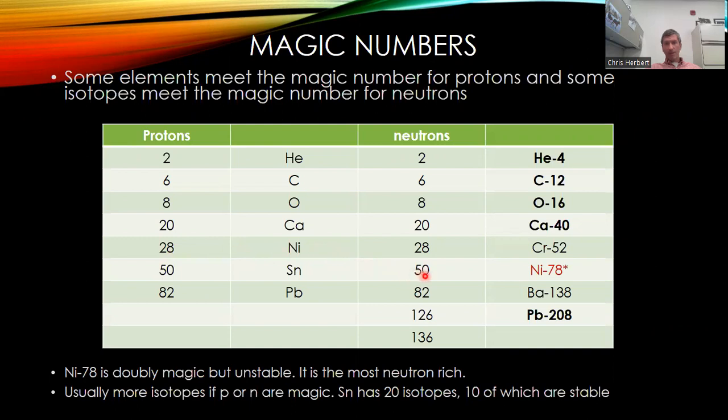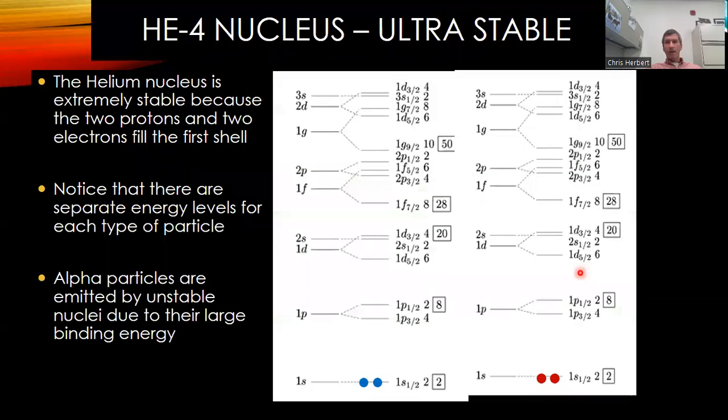Is that 50? Yeah, am I getting my number right? Yeah, the number's right here, 50 neutrons. You're getting something which is extremely neutron rich for that double magic number. Okay, so again, just building these different things to see how this works.